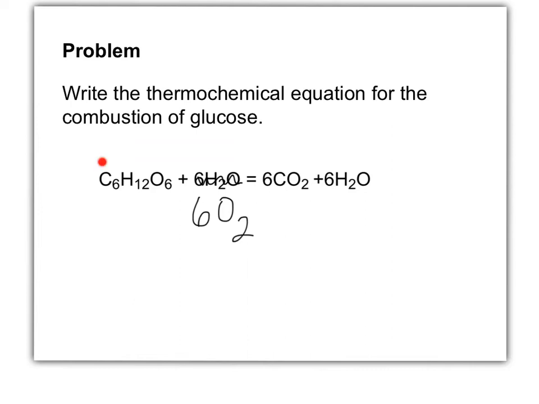If we look at our coefficient, we have 1. So that means to write our thermochemical equation, we're going to include the 2,808 kilojoules as one of the products because it's an exothermic process. It is giving off that many kilojoules for every 1 mole of C6H12O6.